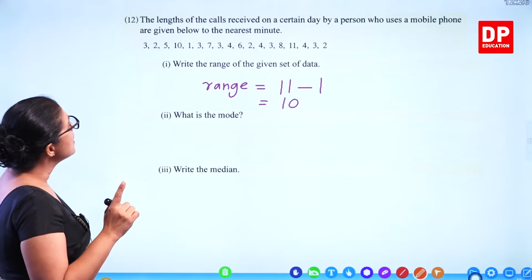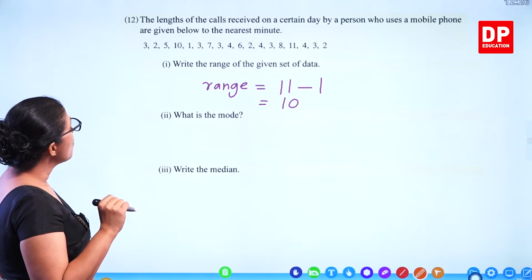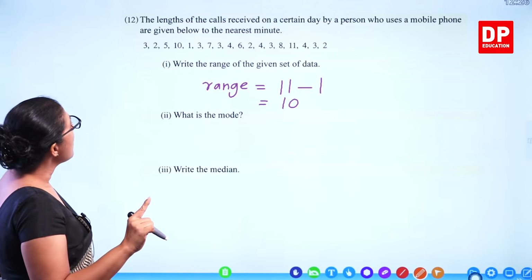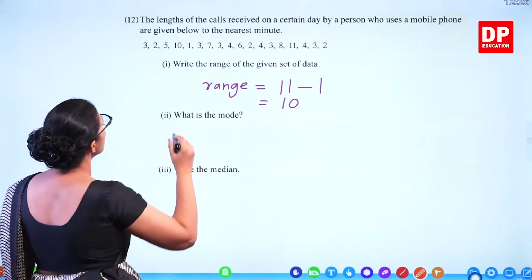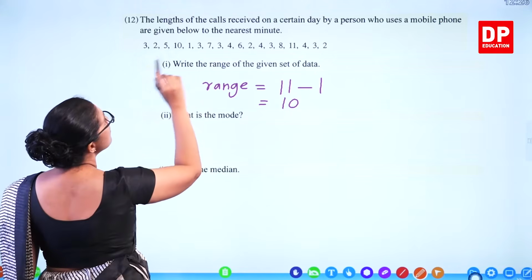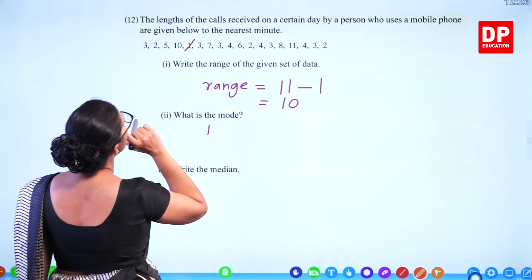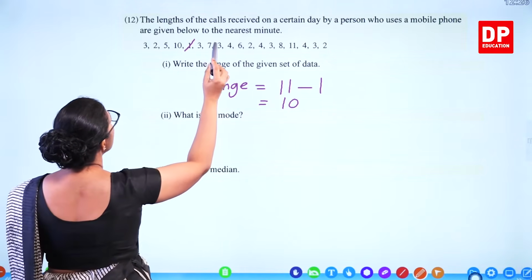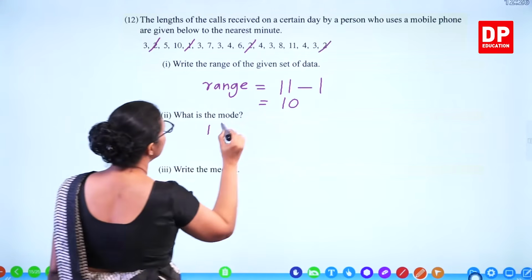What's the mode? Mode is the most frequent number. Now, we'll write in order so that we can see it clearly. So, I'll write down from the smallest, 1. Then, how many 2's are there? 1, 2, 3.